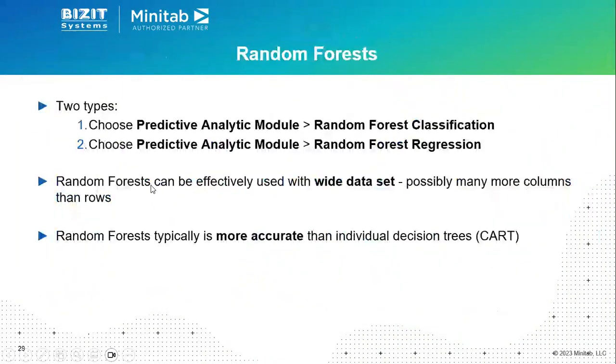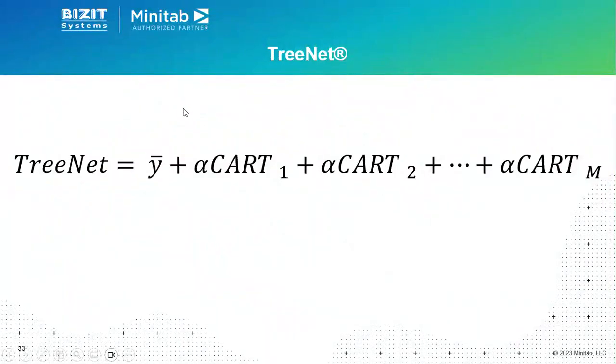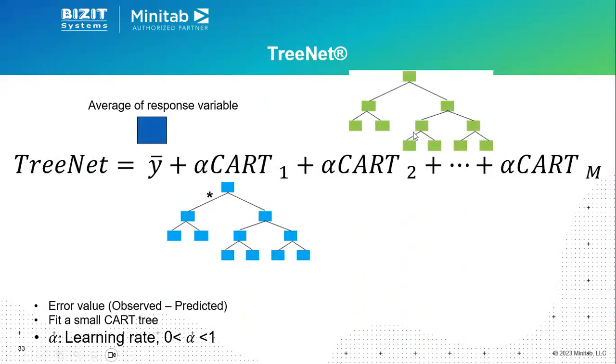And then we have another way, which we call TreeNet. TreeNet is sometimes called gradient boosting. To build multiple trees, they start with the average of the response variable, and then they use the errors from there to build the tree.